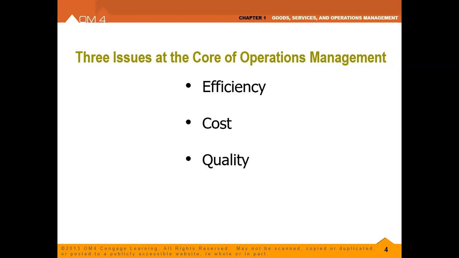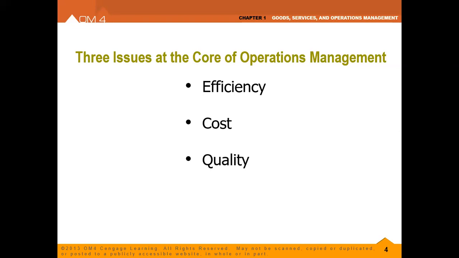First is, remember the last part of what is operations management? We want to continuously improve the product, the service, the processes. So efficiency is very important to us, and the cost. Efficiency is related to cost, and it's all interrelated.